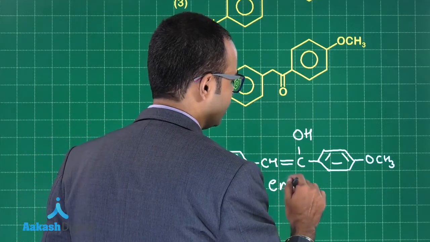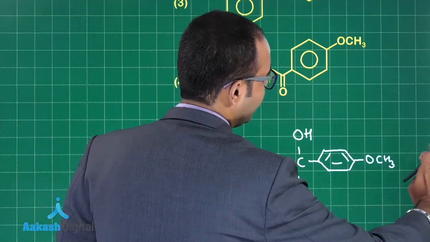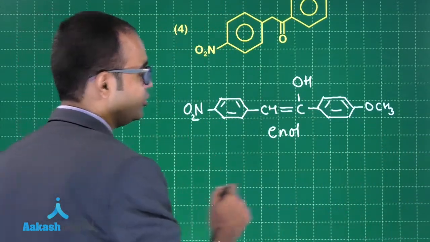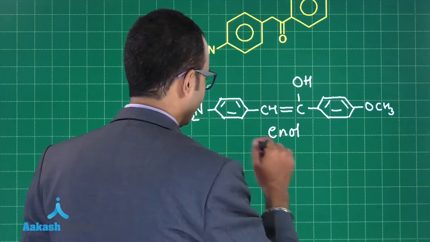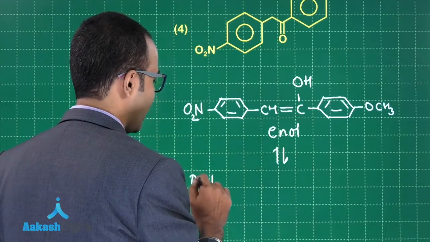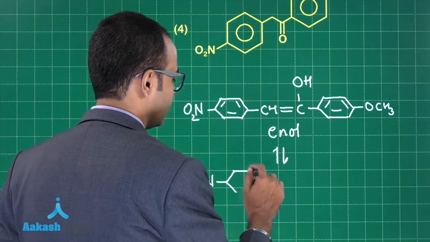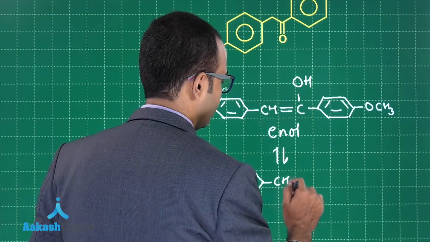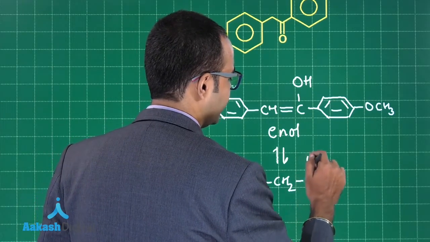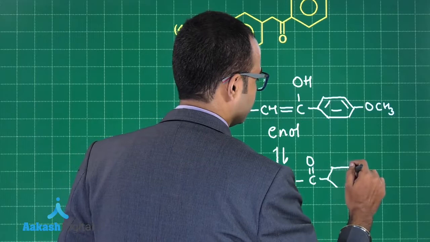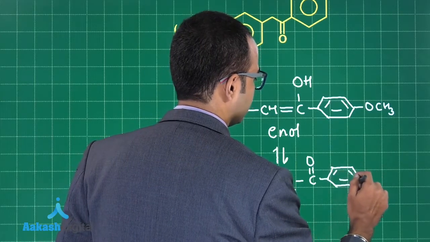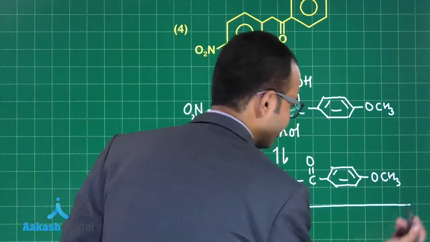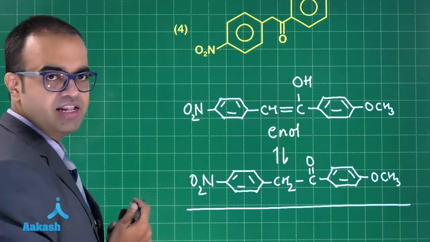This is an enol. Now, enols are usually unstable. So this enol will tautomerize and will give you a C double bond O, right? So this is your final product, guys.